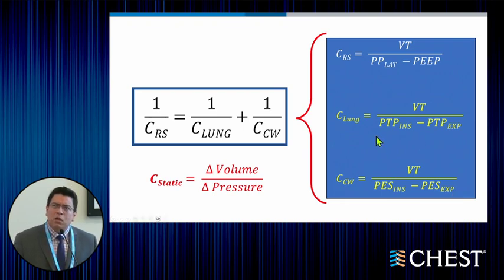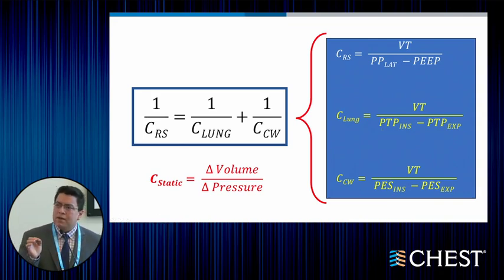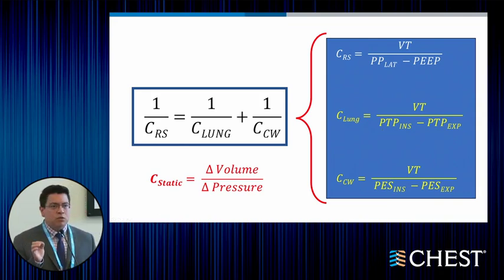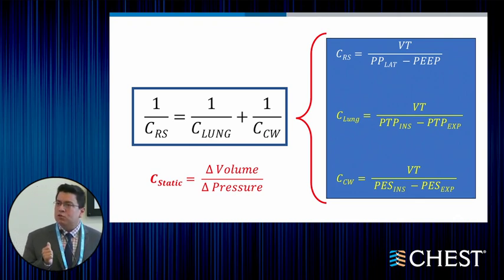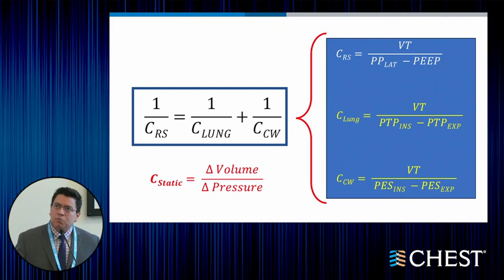When we're talking about lung compliance, however, we talk about a very specific pressure that is responsible for the inflation or deflation of the alveolus, and that is the transpulmonary pressure. The transpulmonary pressure is nothing more than the difference between your alveolar pressure, in this case, at the end of inspiration, your alveolar pressure is going to be your plateau pressure, and the pressure in the pleura at the end of inspiration, represented here by your esophageal pressure.